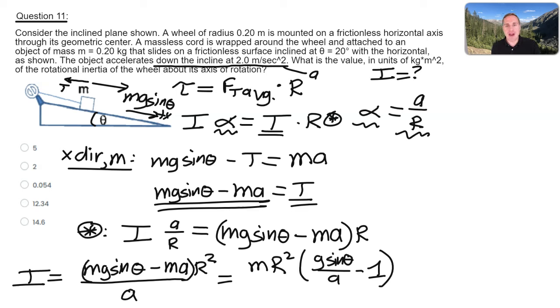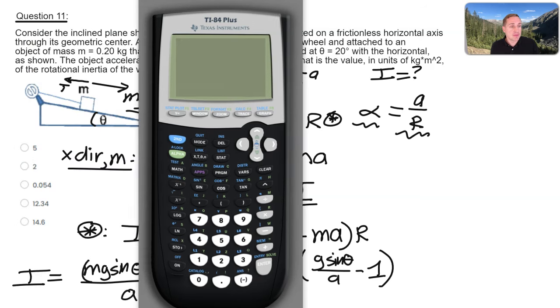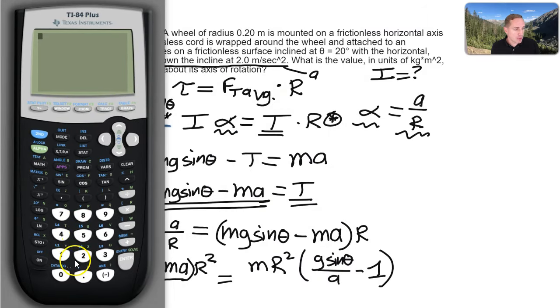Okay, so let's put the numbers in carefully. We need the mass, which is sliding down, that's m. That's 0.2 kilograms. So we're going to go 0.2 times the radius, but squared.